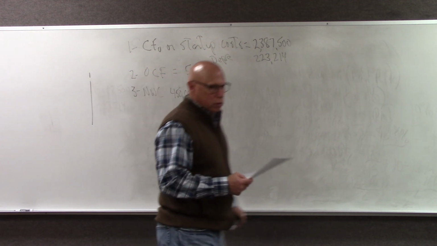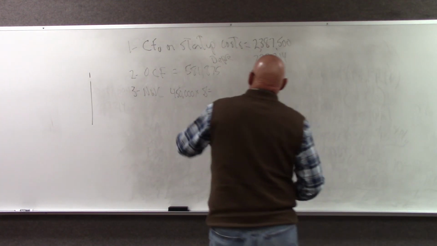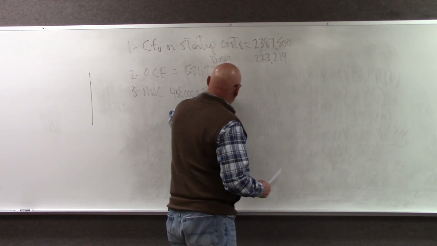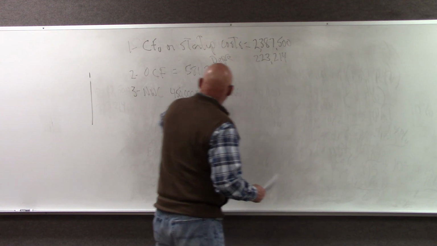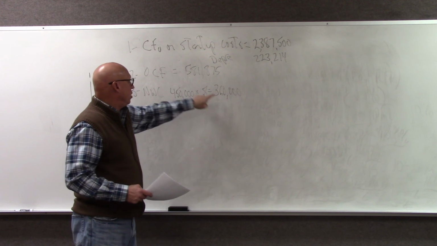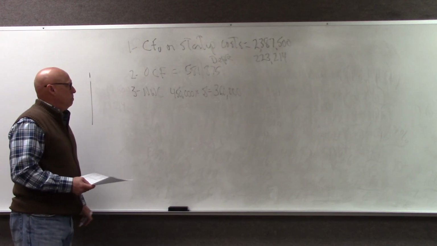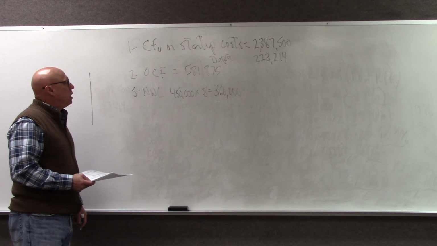Okay, so let's see what that is. Let's figure out our net working capital that we're going to recover. 450,000 times 0.8 is 360,000. So in the last year, we'll generate our operating cash flow, but then we'll also recover 360,000 of the money that we spent at time 0. Okay, so those are our key cash flow numbers.